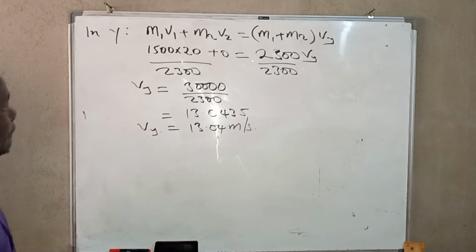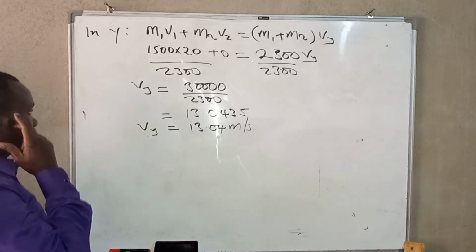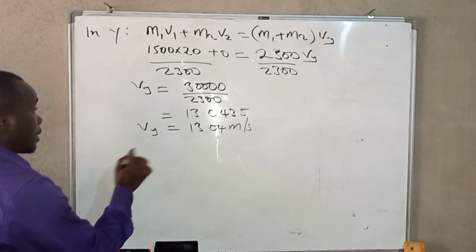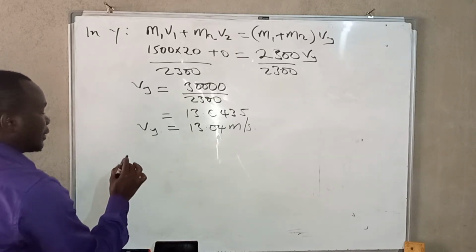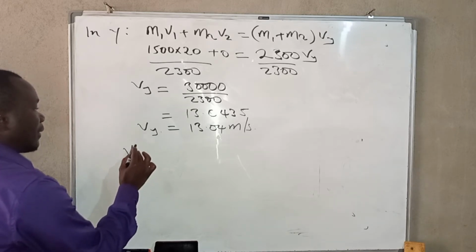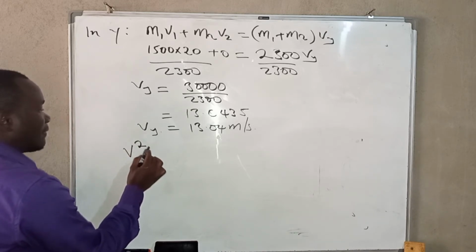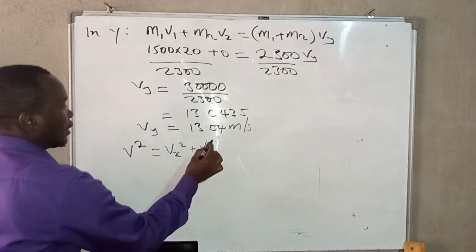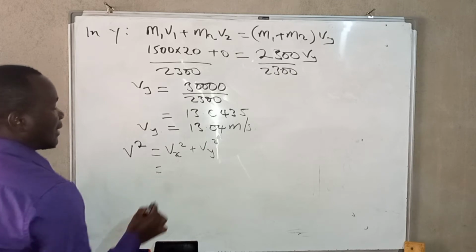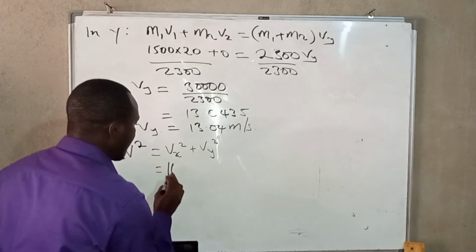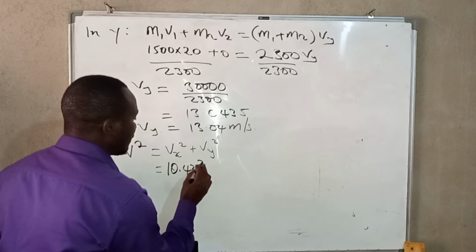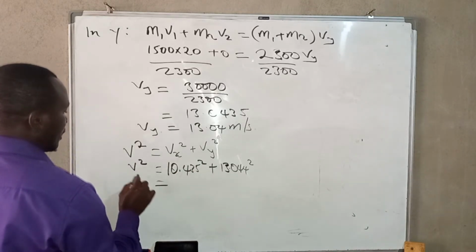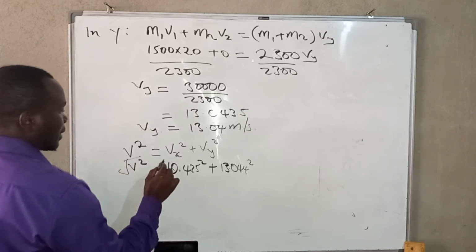Now this is Vy, and we have Vx. From this, we can come up with the magnitude of the velocity. We're going to say v squared is equal to vx squared plus vy squared. So we can plug in the values, and introduce the square root.